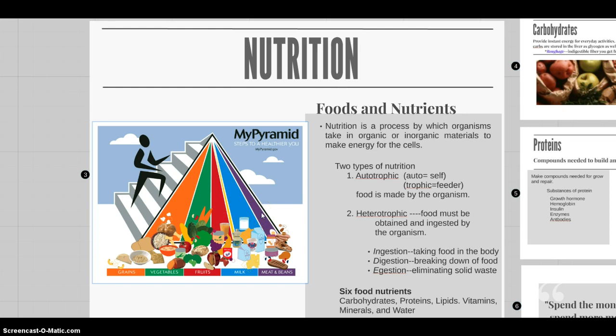The meat and beans you should eat, but not so much as the others. As you can see, this little sliver of yellow, that's like fat, milk and oil. Eat less of that. Now you see this little man walking here? That means in addition to eating a well-balanced meal, you must also do exercise.